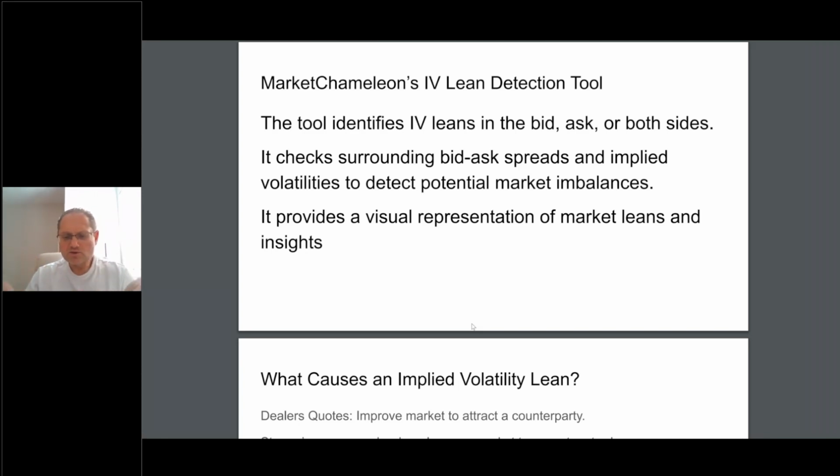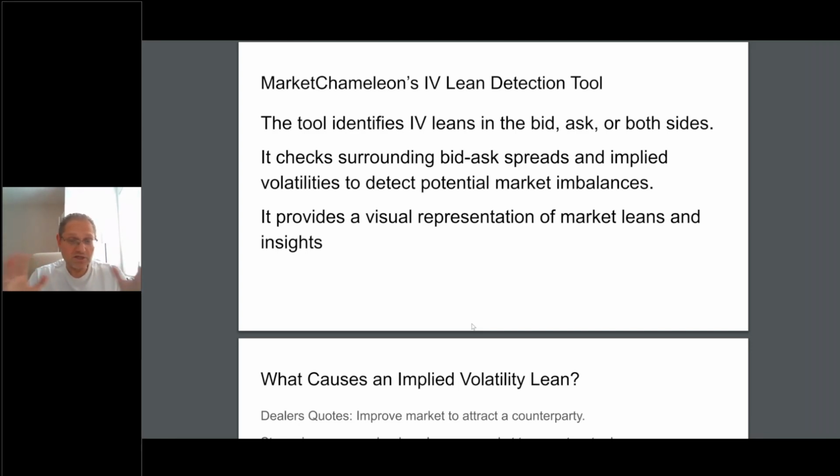And to do that, what you will see is we'll need to also look at the surrounding data with the options that are around it, maybe the strikes above, the strikes below, the puts. But what we'll do is look at the surrounding data, and then we'll be able to see if there is a lean.